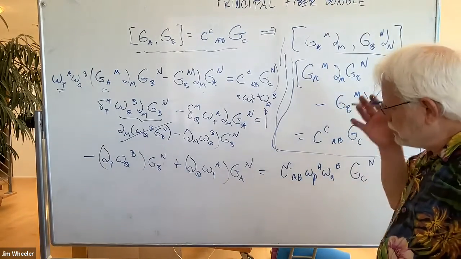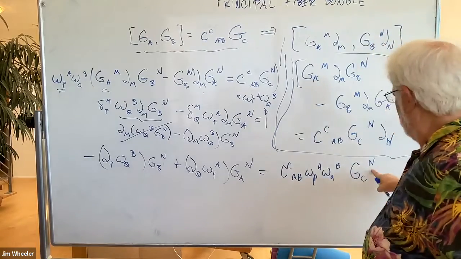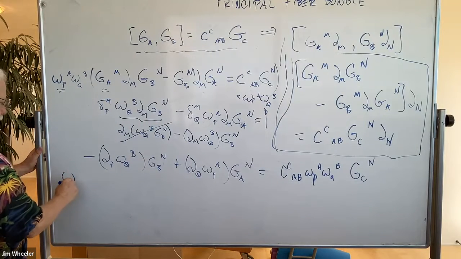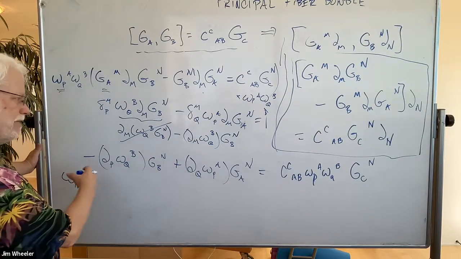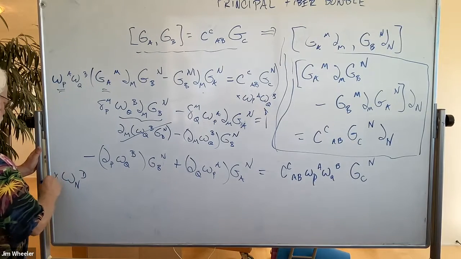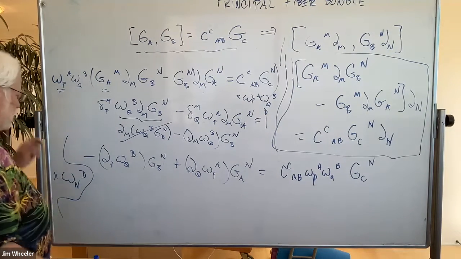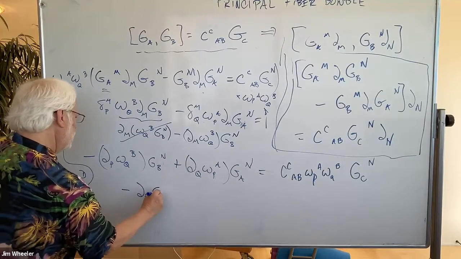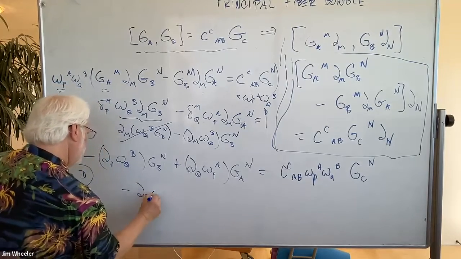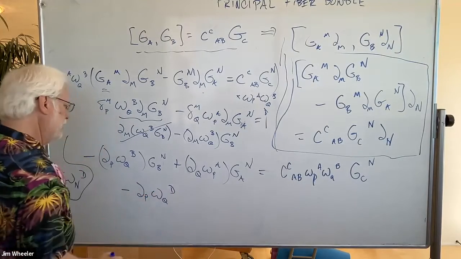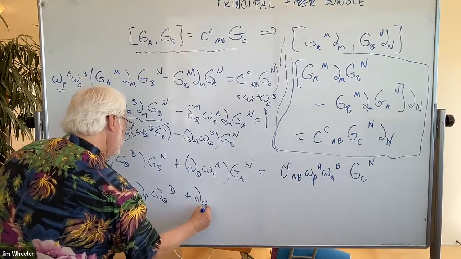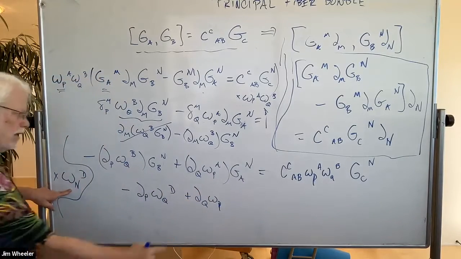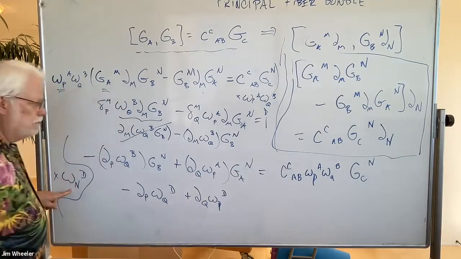Okay, so now I've got one more G to get rid of. Each G has a free N index. So I'm going to multiply by an omega_N^D. Better make it a D. That's going to give me a Kronecker delta_BD here. So I have minus partial_P omega_Q^D, plus partial_Q omega_P^D, and I get a Kronecker delta_AD with this omega on that G. So this becomes a D as well.